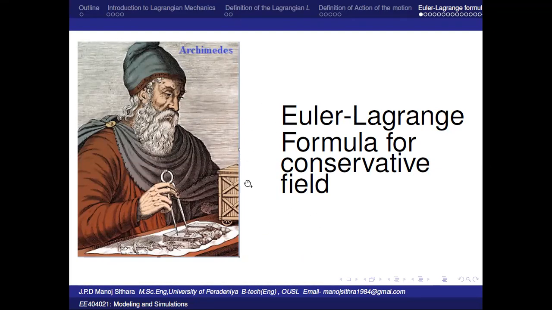In Newtonian mechanics, you have F equals ma. In Euler-Lagrangian mechanics, which we call Lagrangian mechanics after most of Lagrange's work, we have another equation which can do everything without F equals ma, without the equation of motion.